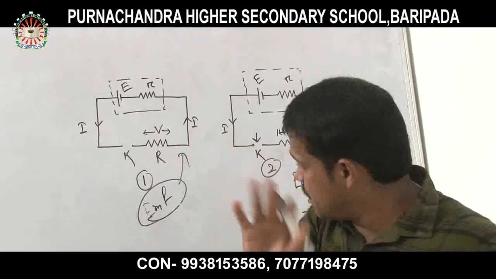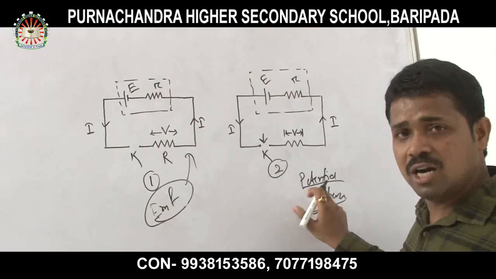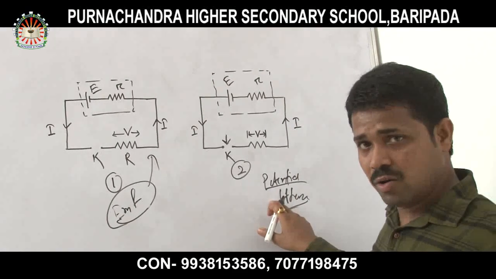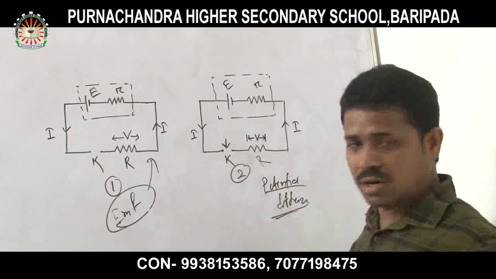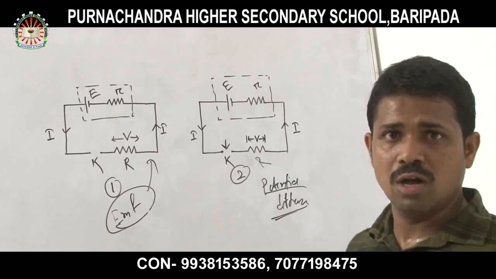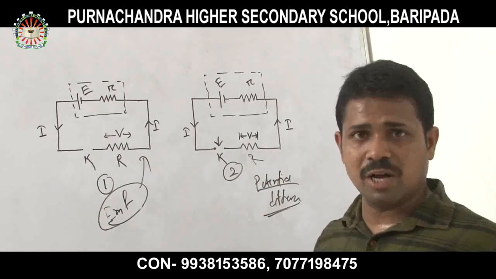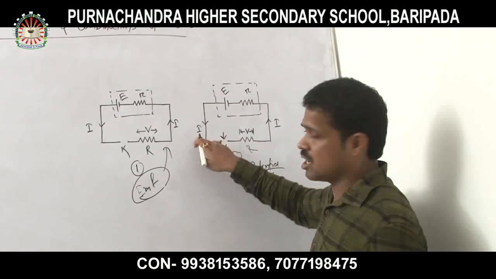It will not depend upon the external resistance, whereas the potential difference must depend upon the external resistance. Remember that. Understood? Because due to this resistance the current varies.